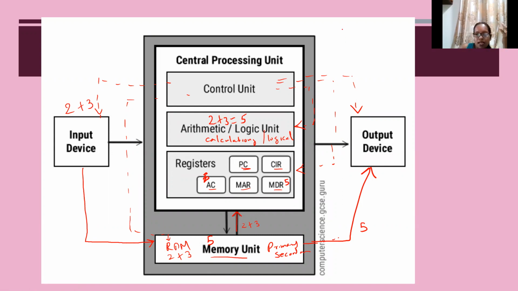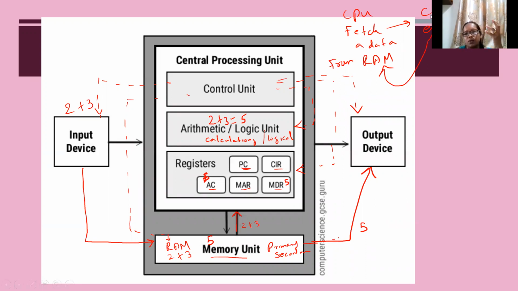That means it will fetch a data from where? From RAM, right? The CPU fetches a data from RAM and the CPU executes that data. Execute means it just does the calculation, and then again it will take another data and again execute, right?